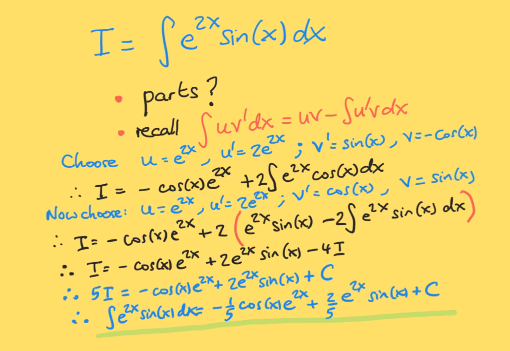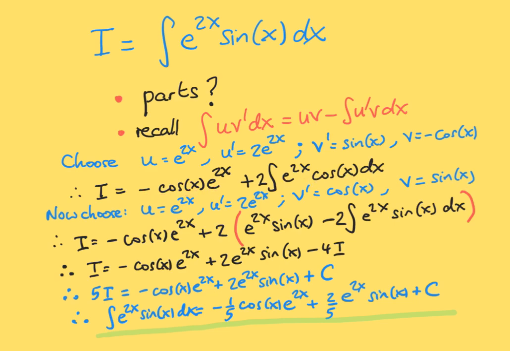So what we're going to do is we choose u is e to the 2x again. So we differentiate that just as above. And v prime is now the cosine of x, and that means its integral is the sine of x because the derivative of sine is cosine. So now we substitute this into this.